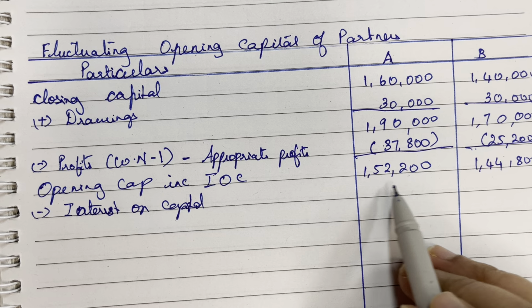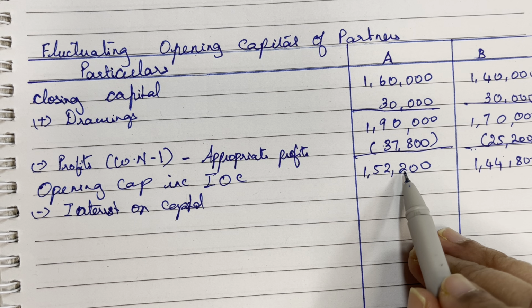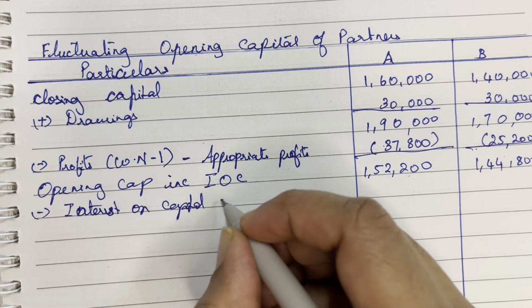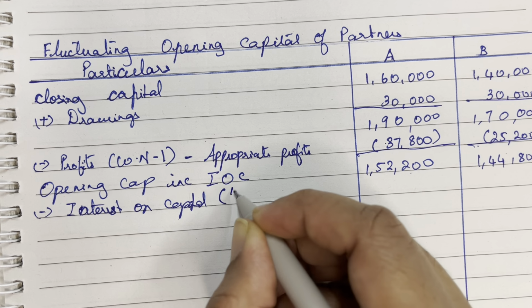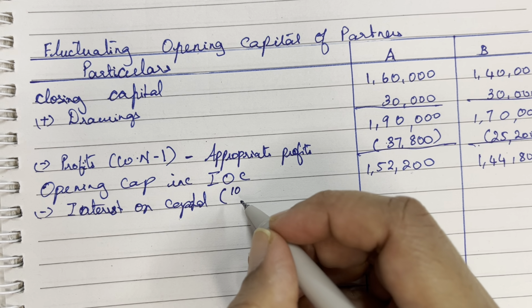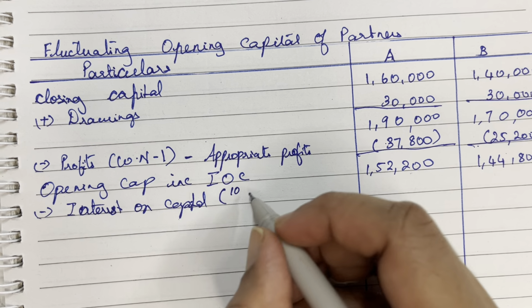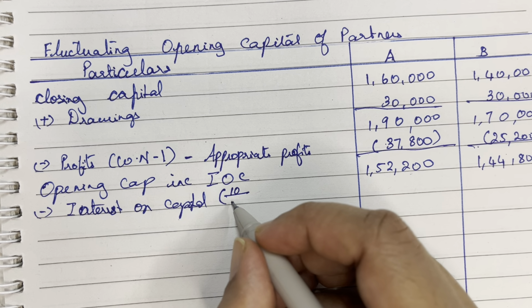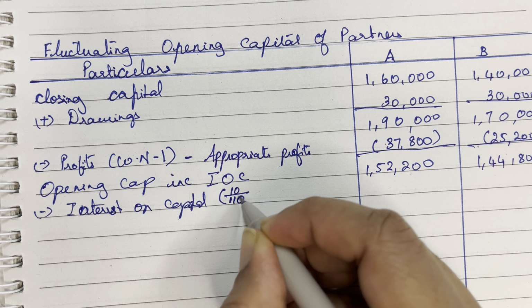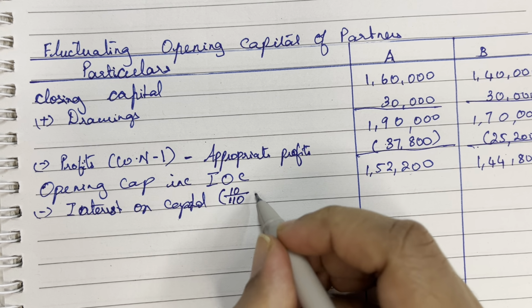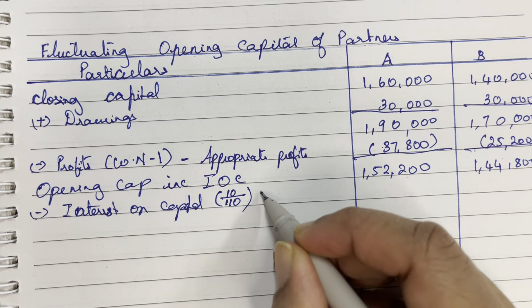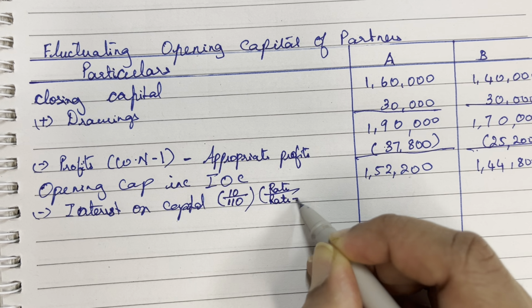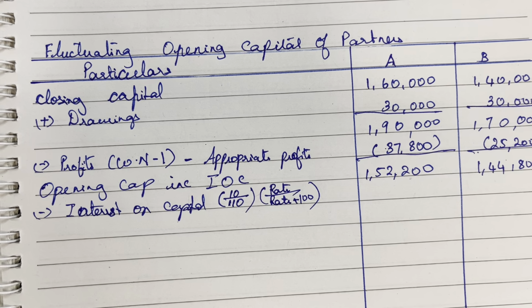Since this amount includes the interest on capital, we've got to do the reciprocal in order to find only the interest on capital. So it would be the rate by 100 plus the rate, that is 10 by 110. It's actually rate by rate plus 100.